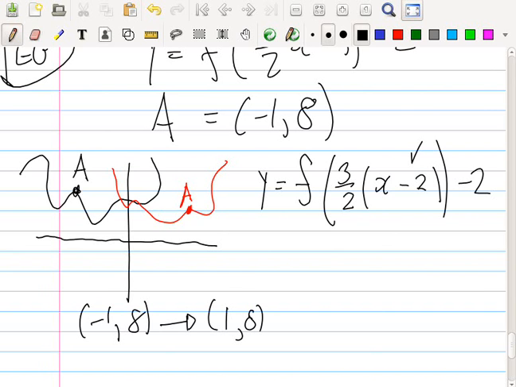So you need to divide by 1.5, which is a little bit messy. 1 divided by 1.5 is 2 over 3. I first applied this rule, which says this moves the graph to the right 2 units, so minus 1 plus 2 is 1. And finally, what do I do with the minus 2 at the end? Describe what it does. Move it down 2 units.